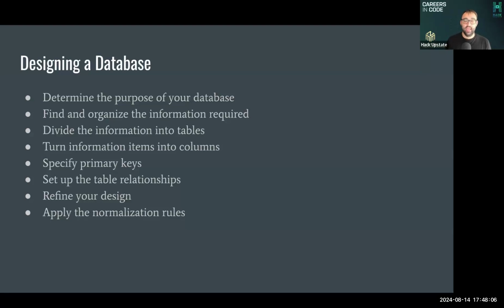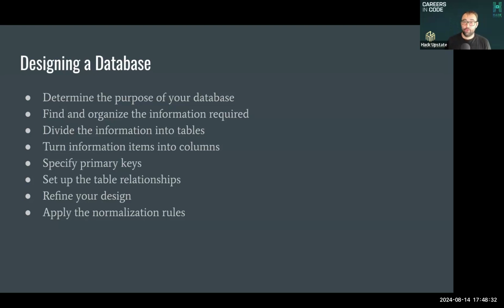Because if I say, hey, tell me all of the orders placed in New York, well, what happens if someone typed in NY or spelled out New York? If we're able to put that data in one column, it becomes much easier to work with it compared to one really long string, which the user may have left out their state. So we want to divide that information into columns.